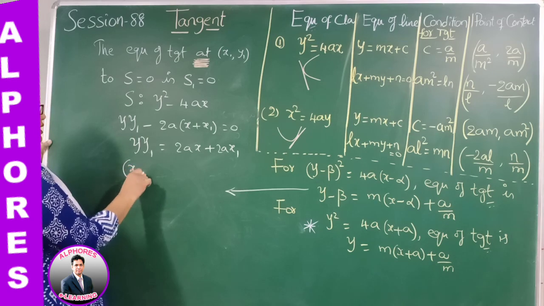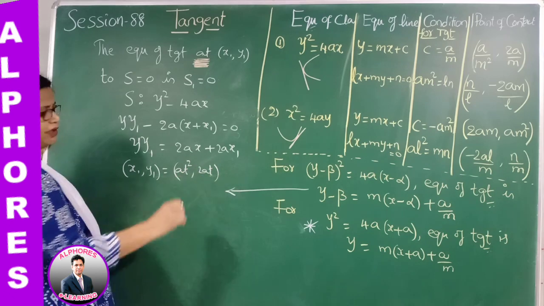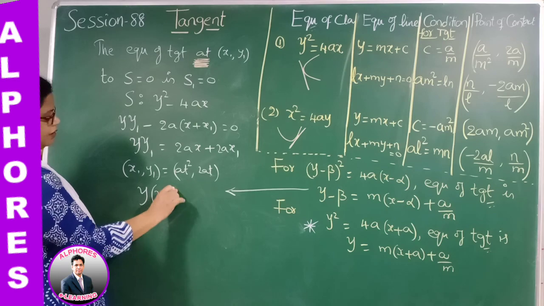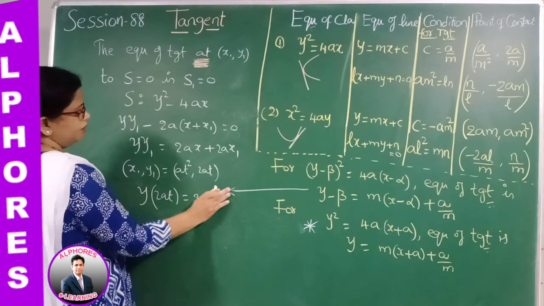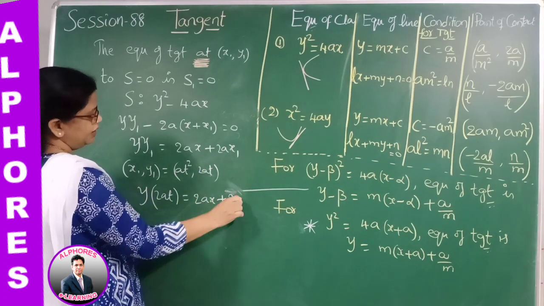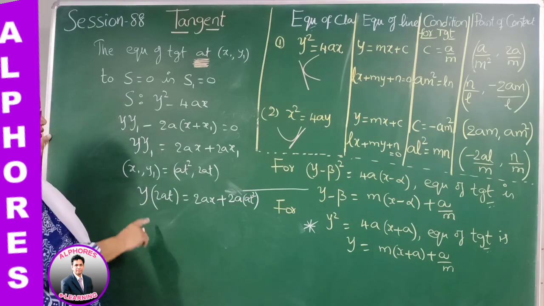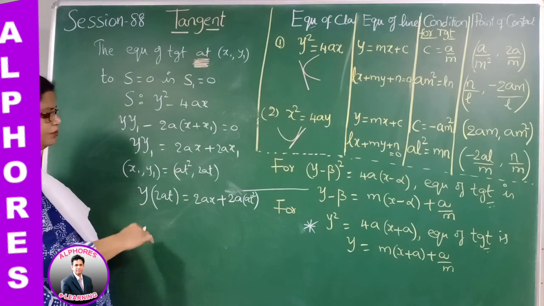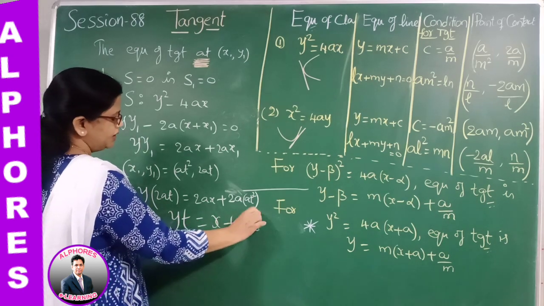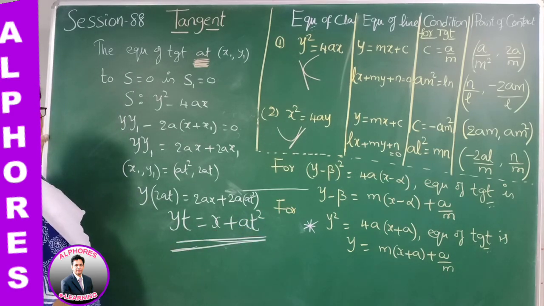Therefore at (x1, y1), take the point as (at square, 2at) and substitute: y into y1 means y into 2at, and this is equal to 2ax plus 2a x1, that is 2 into a into at square. Now divide throughout by 2a, then yt equals x plus at square. So this is a very, very important equation: yt is x plus at square.